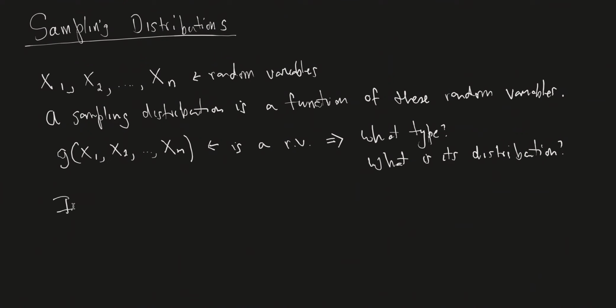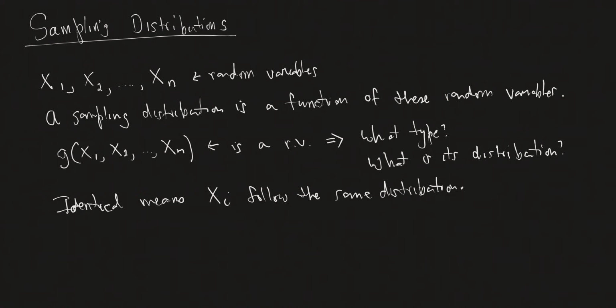Identical in this situation means that all the xi follow the same distribution. In other words, they have the same probability distribution. They can take on the same possible values. So they're basically the same. They're just copies of each other.